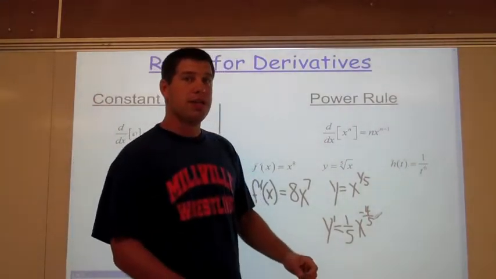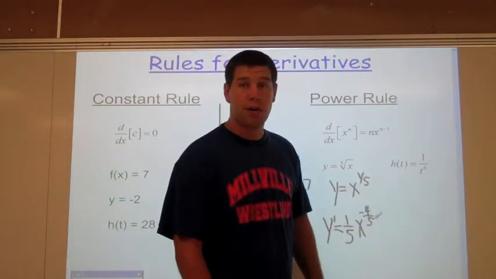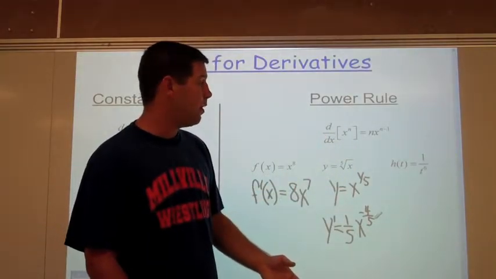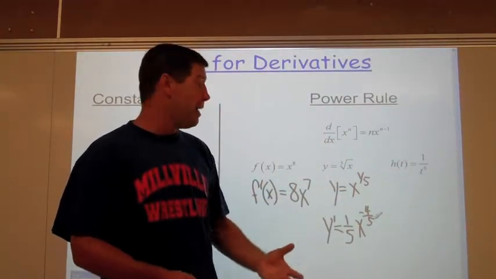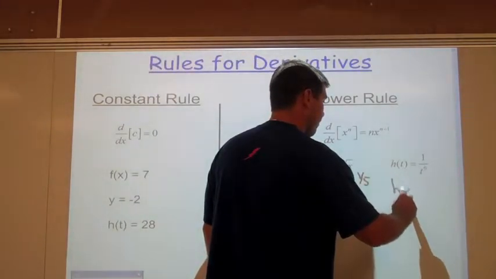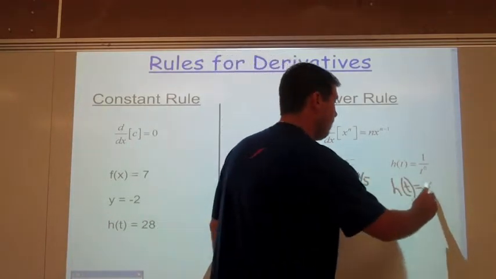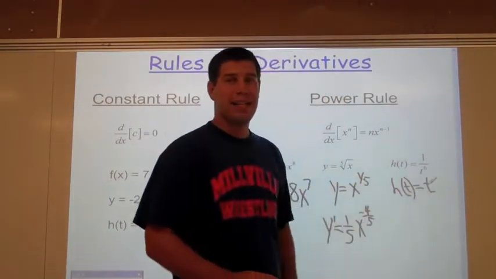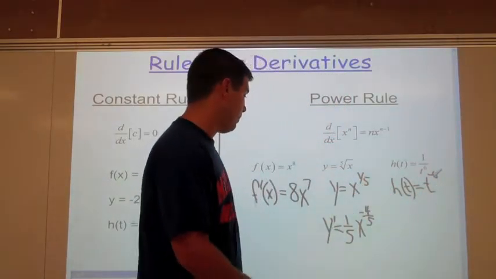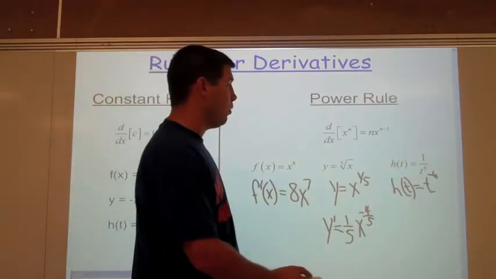And the other type of function that's common to see can be rewritten as a power. H of t equals 1 over t to the 6th, where you have your variable in the denominator. So again, first thing you want to do is write it as the variable to a power. So h of t equals 1 over t to the 6th, the same as t to the -6th power. Now you can apply the power rule.